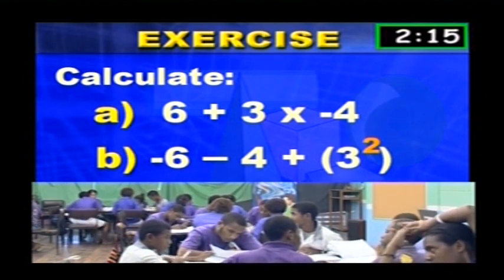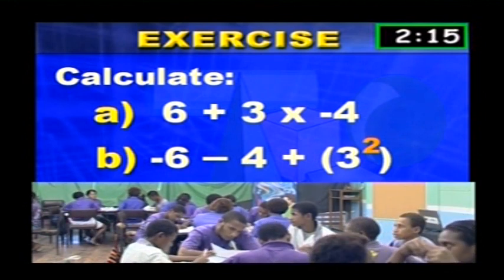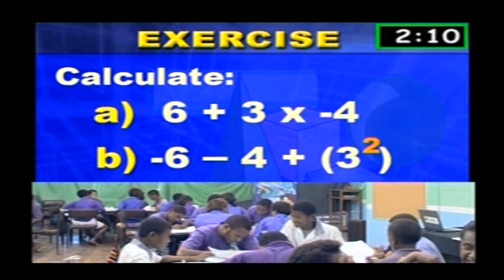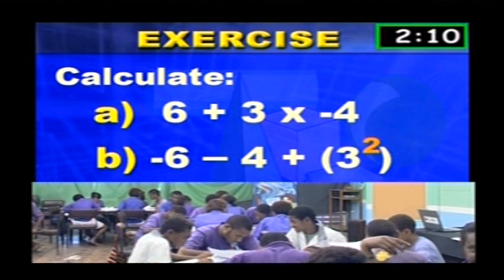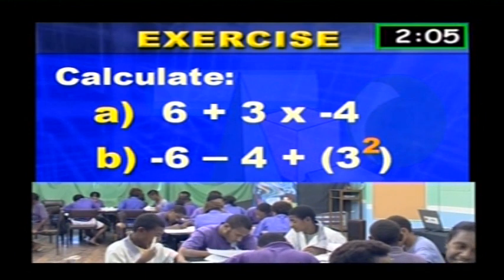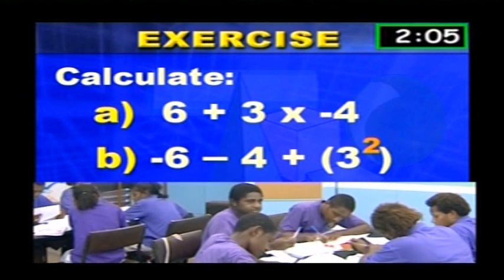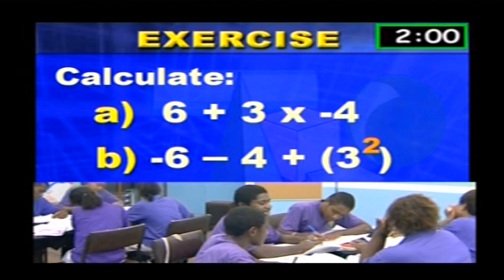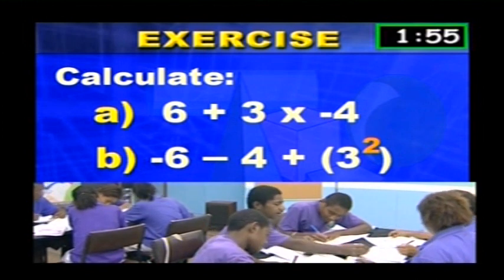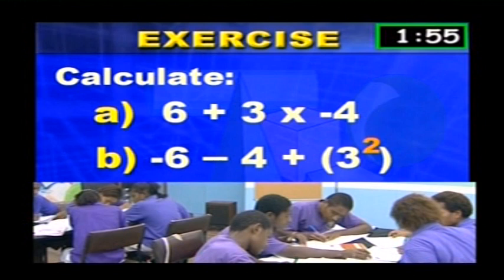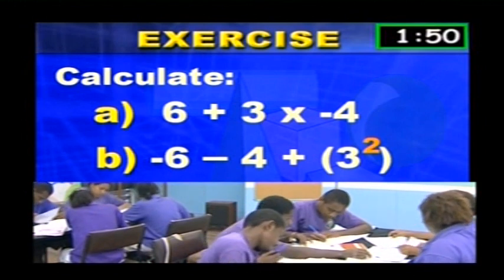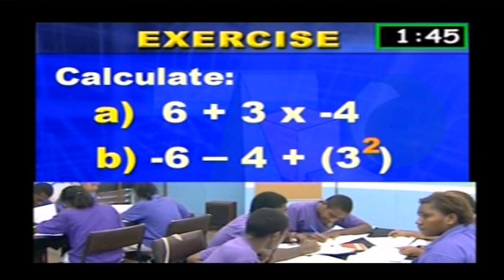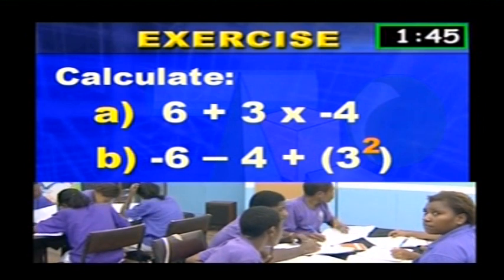You deal with the one with the multiplication sign first. So you have 6 plus, in bracket, 3 times negative 4, which would be positive or negative? Negative, because you have positive 3 times negative 4, so it's negative 12. Don't forget to put it in the bracket. The second rule will apply next.